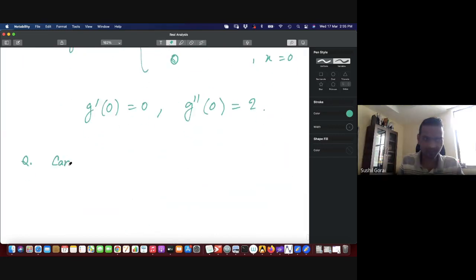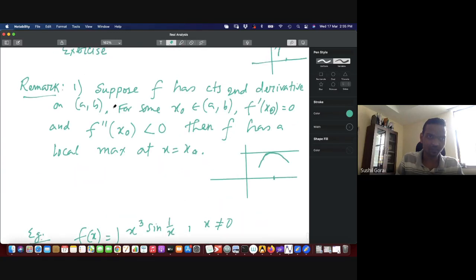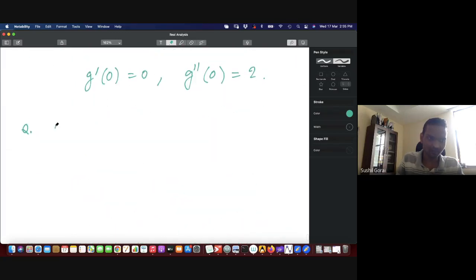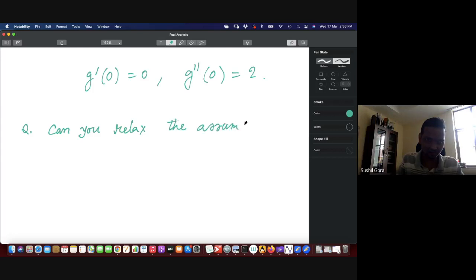So can you, so is it true here maybe, can you relax the assumption of continuity of the second derivative in remark 1?